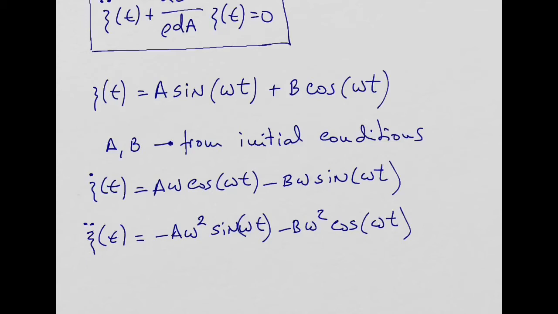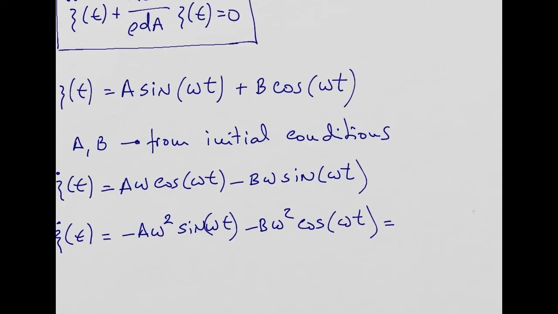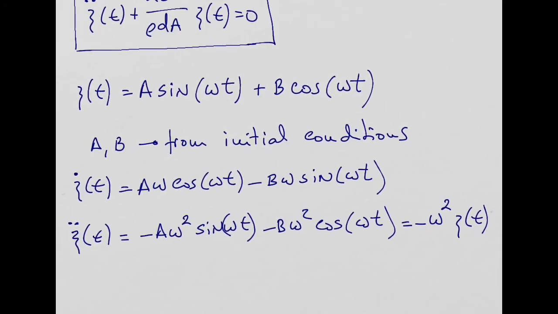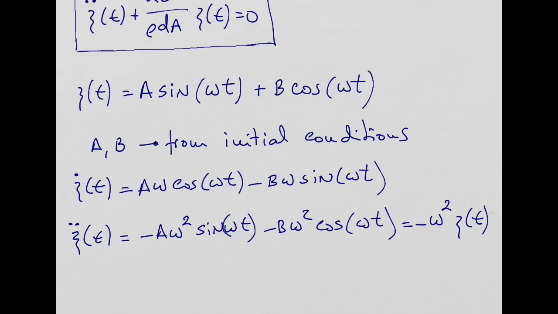Or, if you want, this is going to be equal to minus W square xi of t. Right? You agree with me? So xi of t is this equation here. If I multiply xi by minus W square, I will get xi double dot.